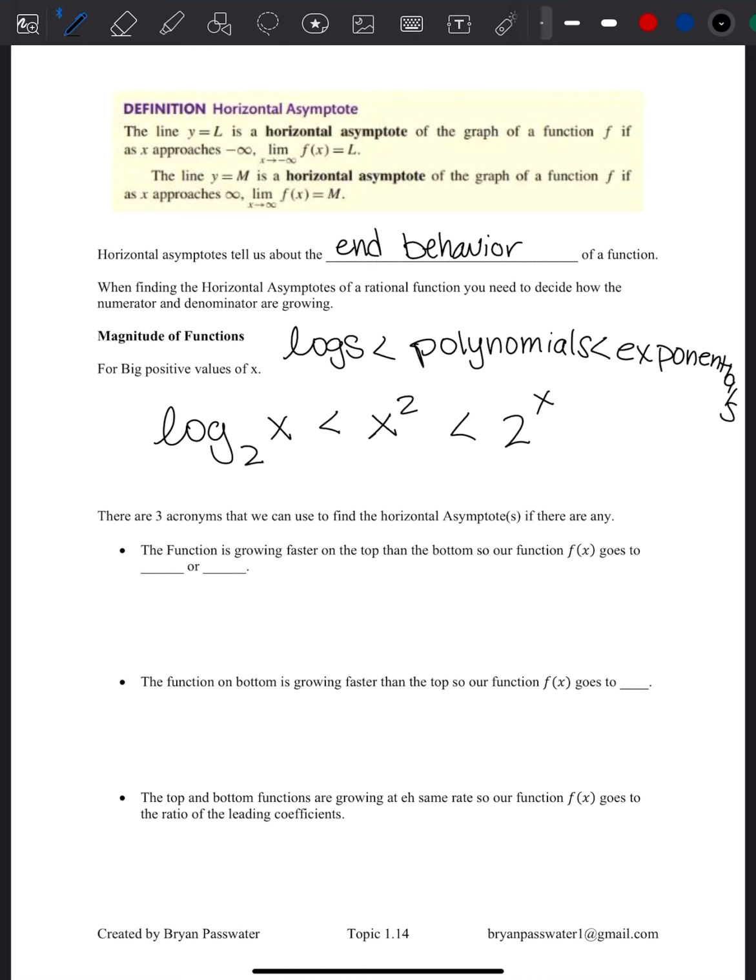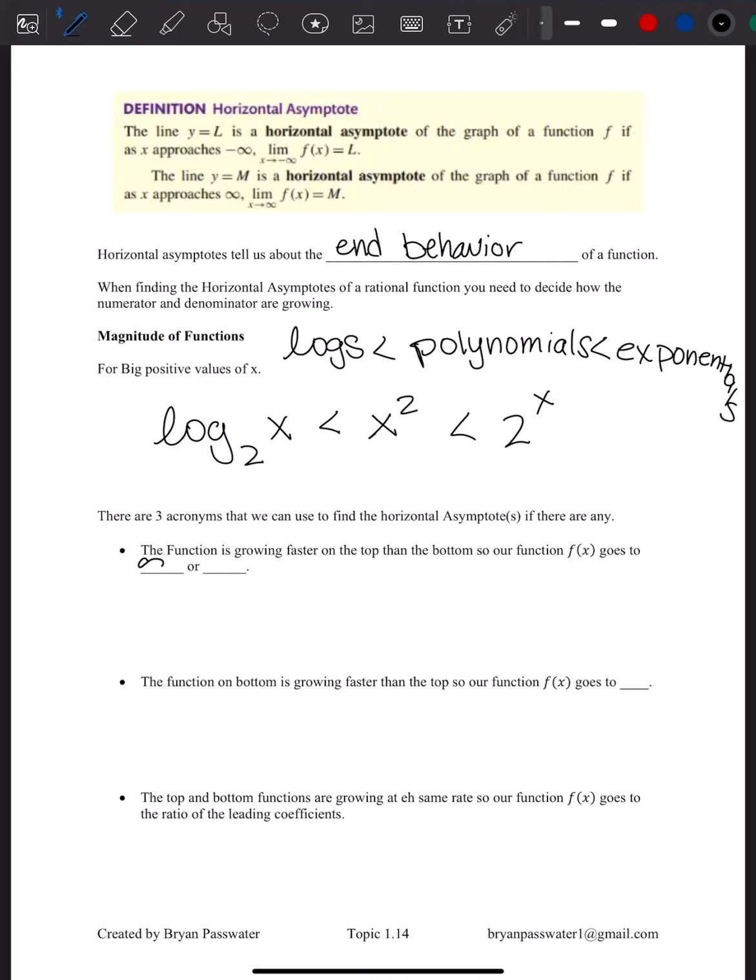So we're going to be talking about some acronyms that you may or may not have heard before. These are some of my all-time favorites. So if we have a function that is growing faster on top than bottom, so our function f of x goes to positive infinity or negative infinity.